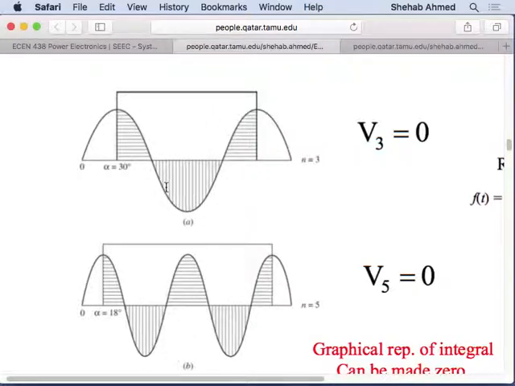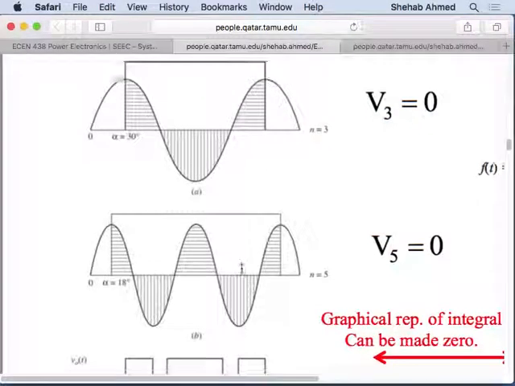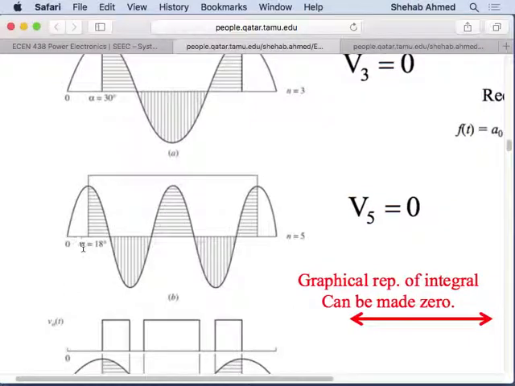So now with this in mind, if I want to eliminate the fifth harmonic and I have a single pulse per cycle, I would draw, instead of 3 of these, 5. I would draw 5 of these, and I would find the angle that would also give me the sum of all these areas equal to 0.